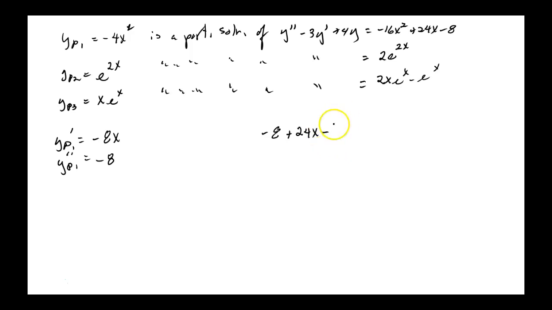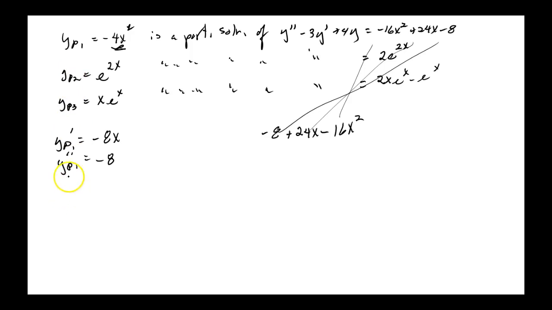Then plus 4 times negative 4x squared, which is minus 16x squared. And sure enough, ding, ding, ding. This is a particular solution for this differential equation with that g of x.